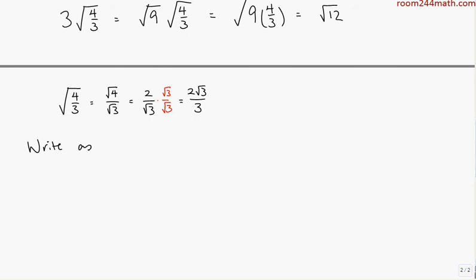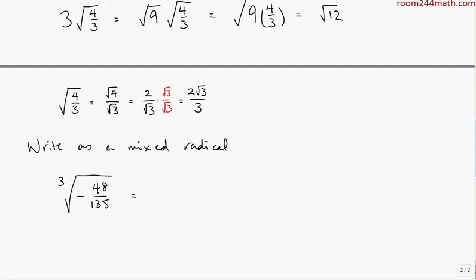What if you want to write as a mixed radical? So let's say you have the cube root of negative 48 over 135. The key to doing this is looking at the numerator and the denominator and trying to find perfect cube factors.